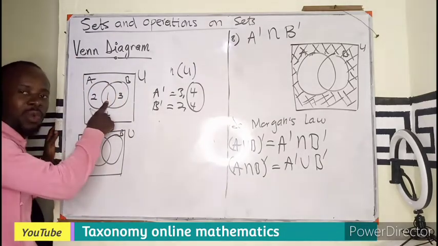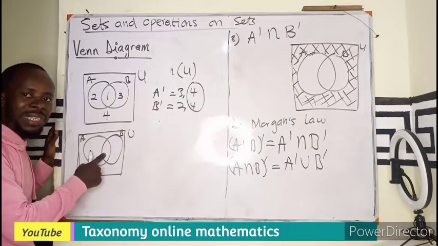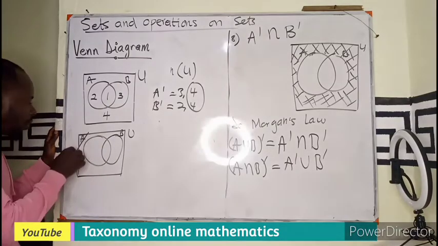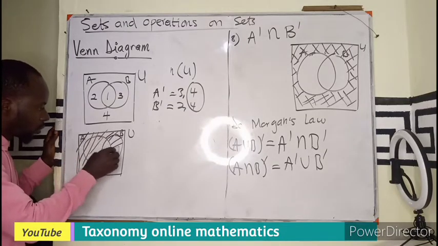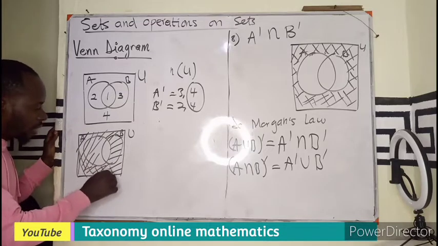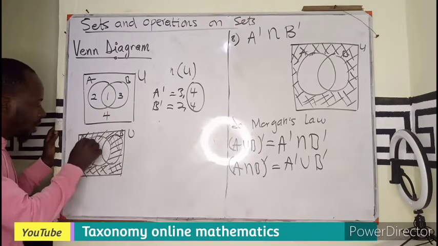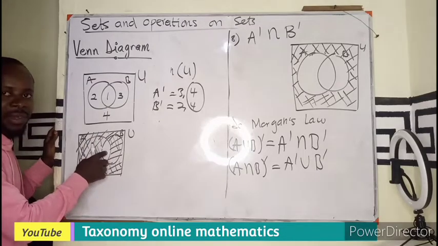I believe that to be region 1. So the complement will be outside it. So this is going to be the complement of A intersection B. So the unshaded part is the intersection.